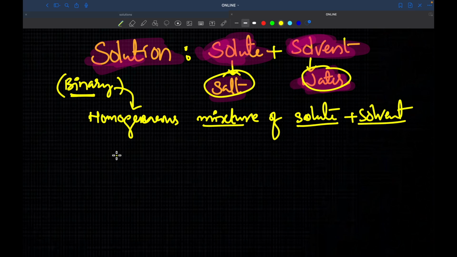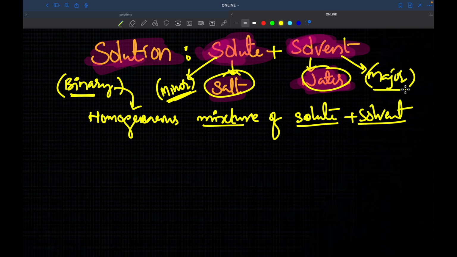Next one, classification of solutions, right? In any solution the solvent is considered the major component. The major component is solvent and the solute is the minor component. Very little solute is present and the major quantity is solvent. We took half a glass of water in which we placed a spoon of sugar or salt.